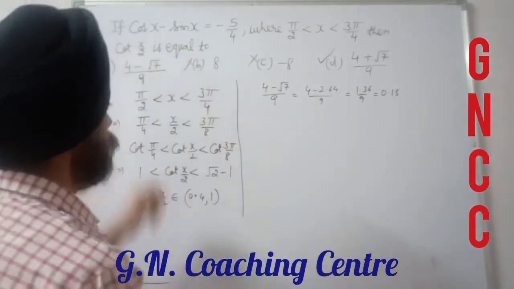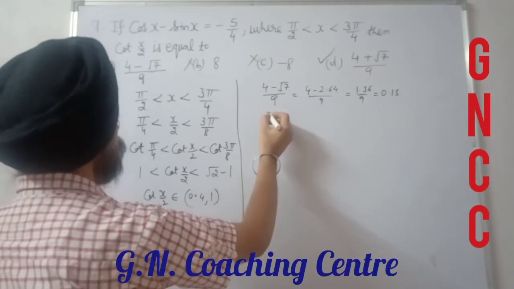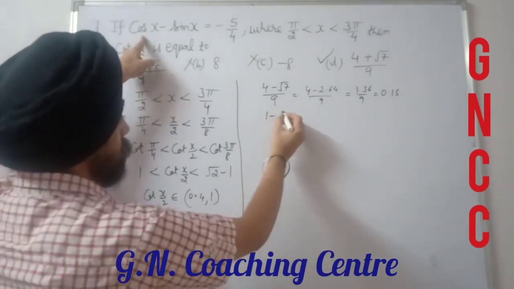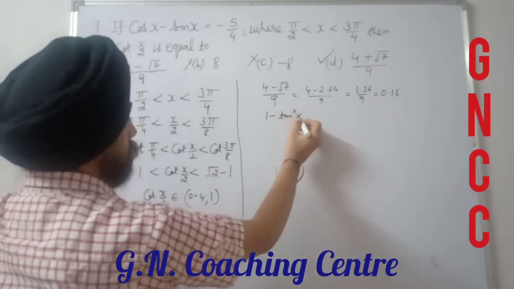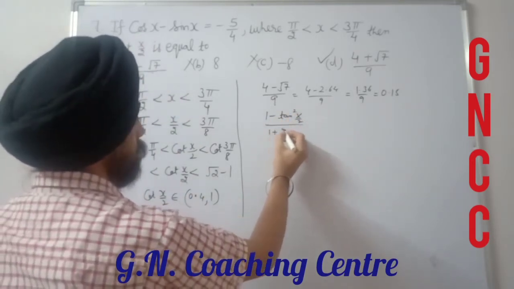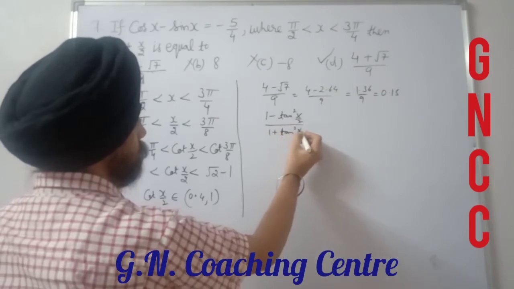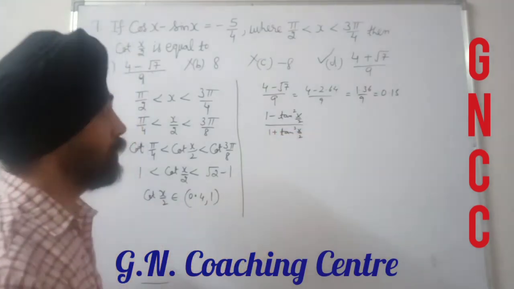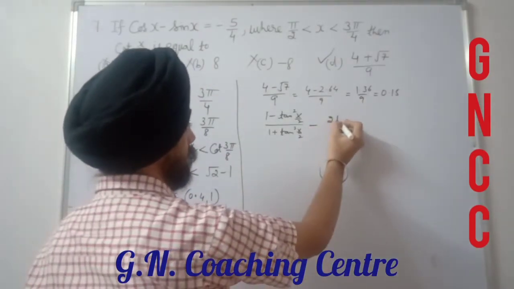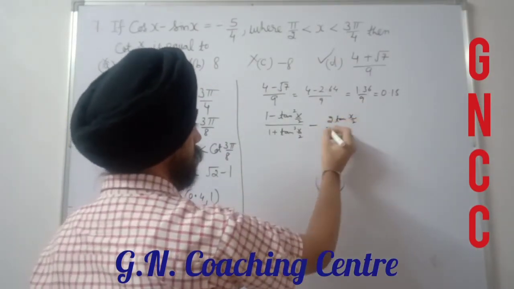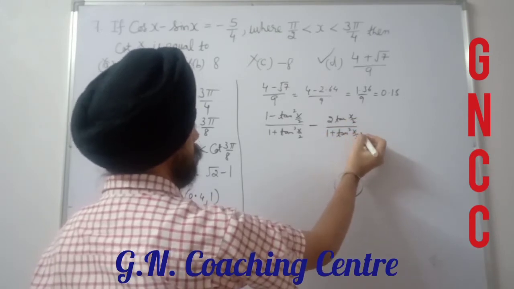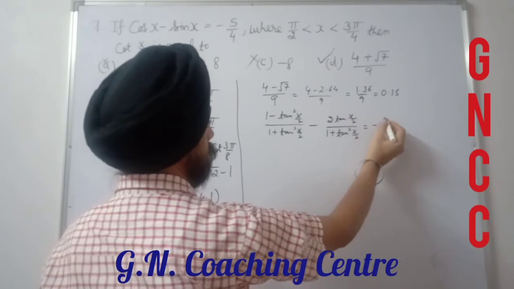If I solve this, we will get cos x is equal to 1 minus tan square x by 2 over 1 plus tan square x by 2. And what is sin x? Sin x is 2 tan x by 2 over 1 plus tan square x by 2. This is equal to minus 5 over 4.